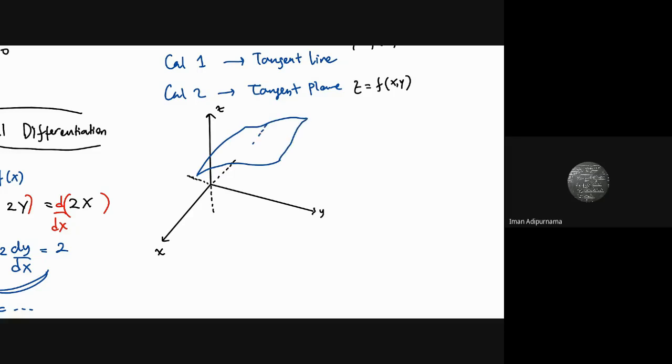And we have a curve, and we have the tangent.